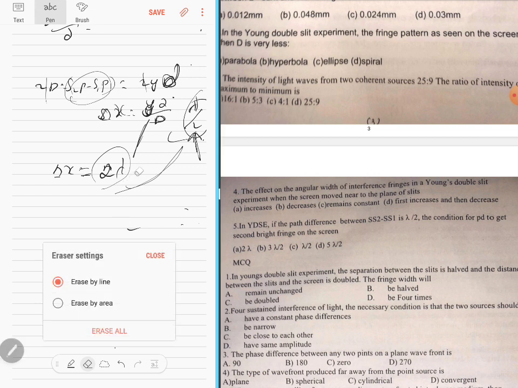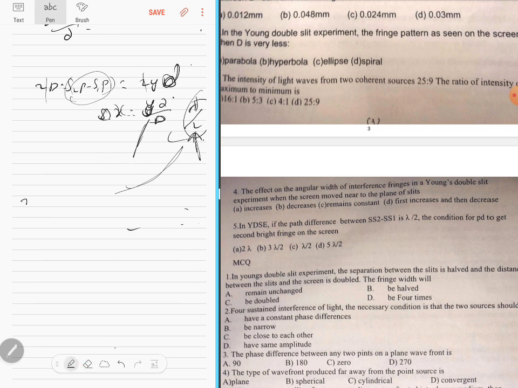Okay, second bright fringe. The formula for second bright fringe, let me write it, is 2 into lambda into capital D by small d, correct? And y into small d by capital D itself is lambda by 2. I'm trying to do something here.